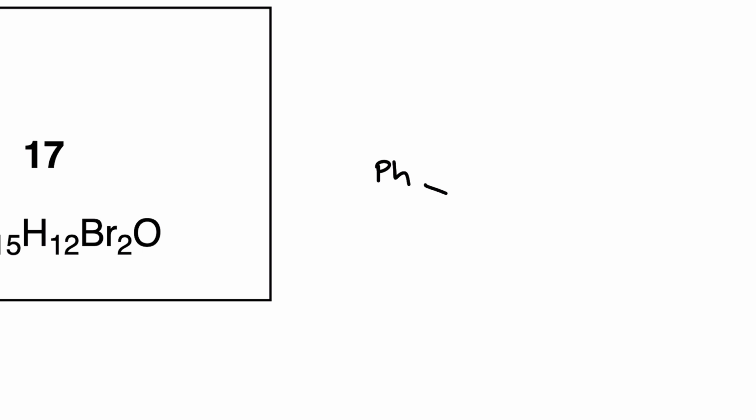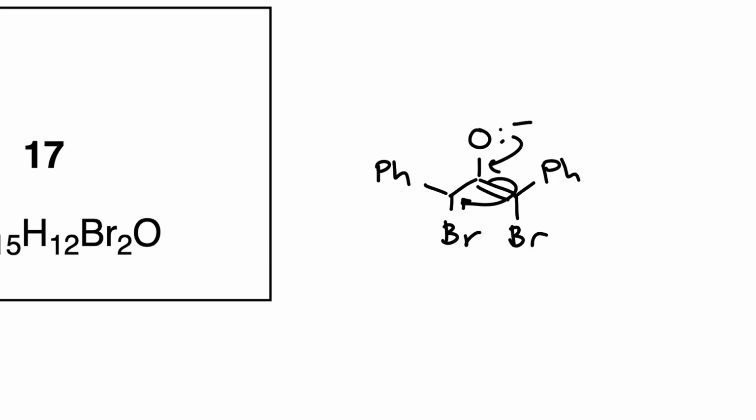Let me draw the simplified version. So first will be a formation of the enolate. And we have a bromine here, and the bromines are all eliminated, so that's quite convenient.